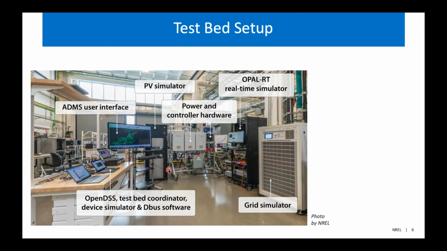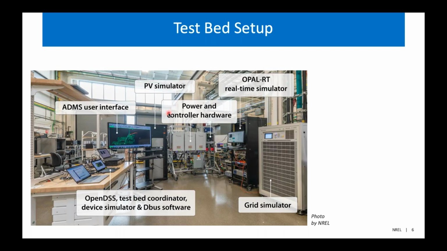And here is a photograph that shows the physical setup. Again, as Murli mentioned, 90% of the network is modeled in simulation. So the heart of it is software simulation that is running, both on the testbed side as well as the ADMS, which is essentially software. We show a user interface here of one of the commercial ADMS systems that we've used.